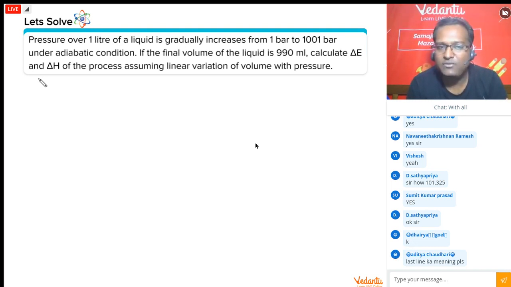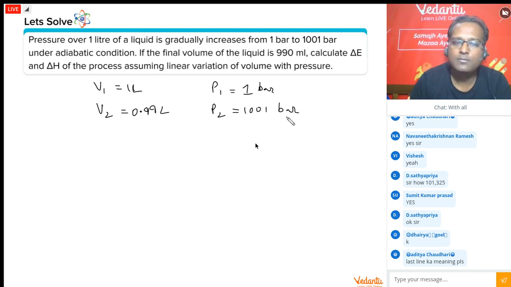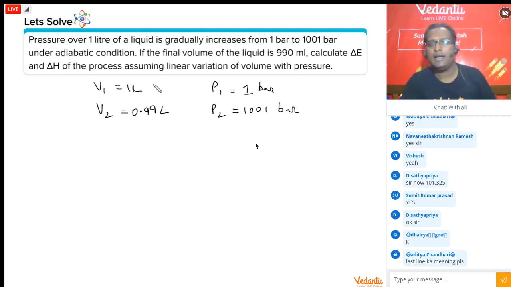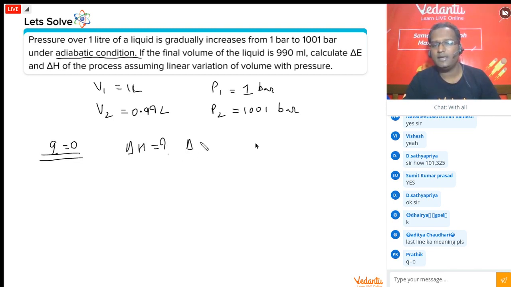So there is a liquid of 1 liter volume initially, whose volume finally becomes 0.99 liter, and pressure is initially 1 bar, and pressure finally becomes 1001 bar. He is asking to calculate delta H, and it is under adiabatic conditions. Adiabatic condition means what? Q is 0. So then he's asking to calculate delta H and delta E or delta U.